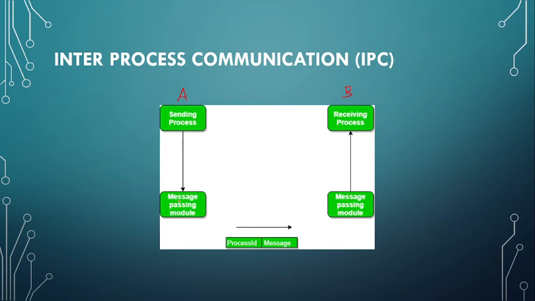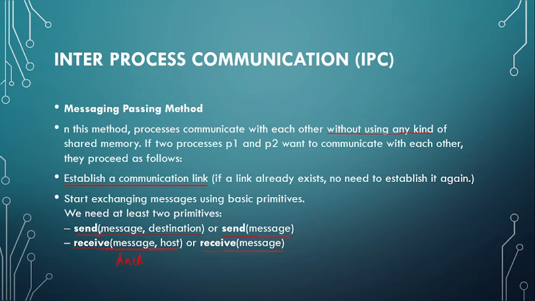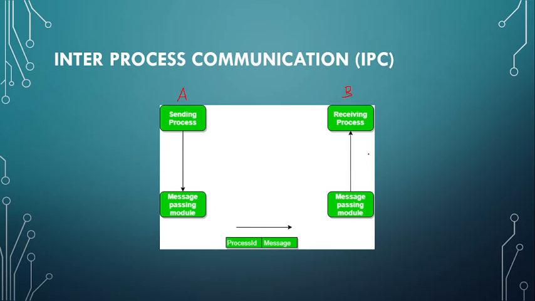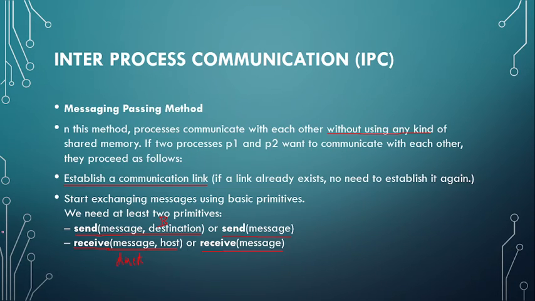Process A sends a message to the message passing module like this: send a message to B, with the ID of the receiving process, process B. So, process A sends a message to process B, and process B will receive the message from A. This is how the direct method works.